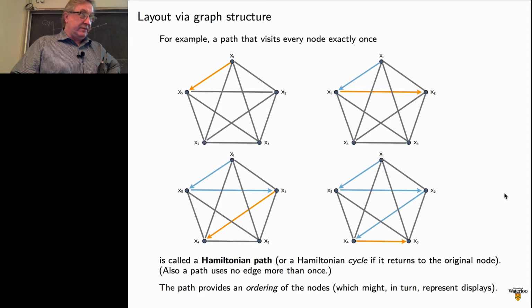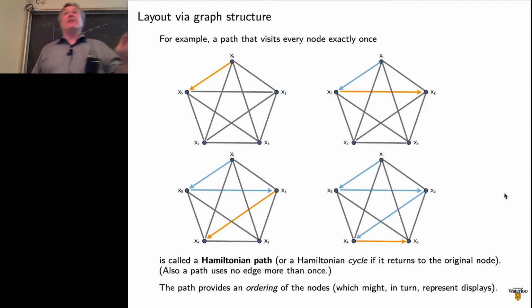Everybody's taking graph theory? Anyone not taking any graph theory? Okay, that's all you need to know. You've got nodes and edges, and you have paths which are just moving along the edges through some set of nodes on the graph.